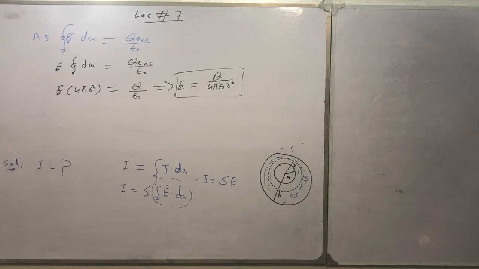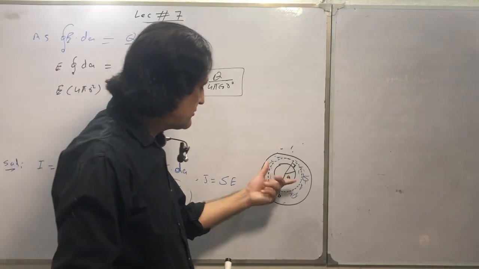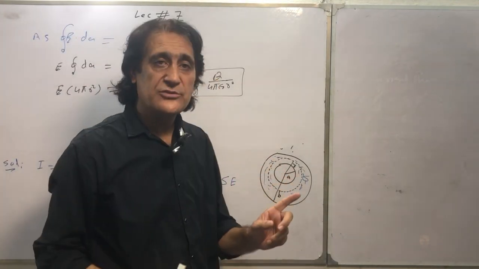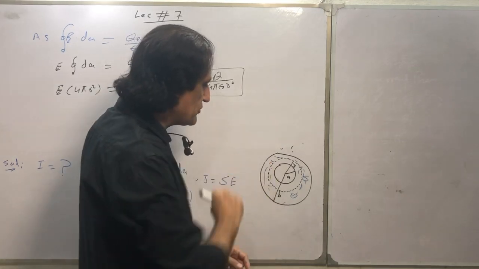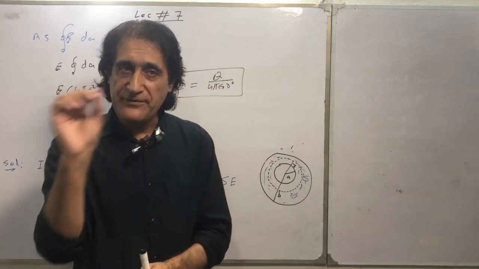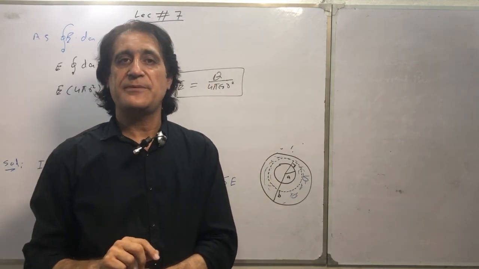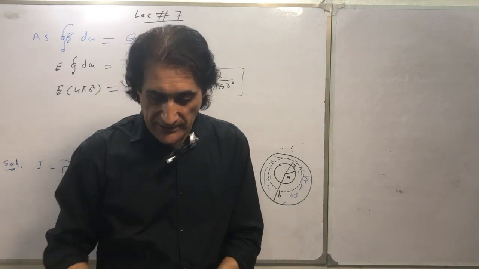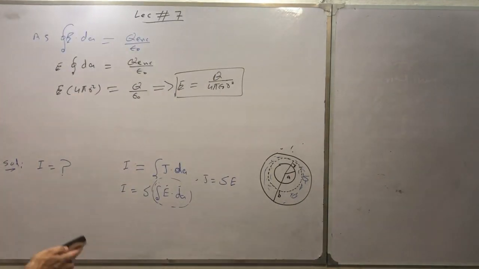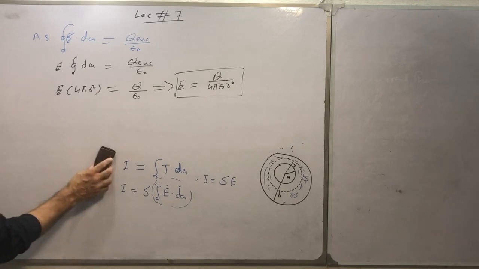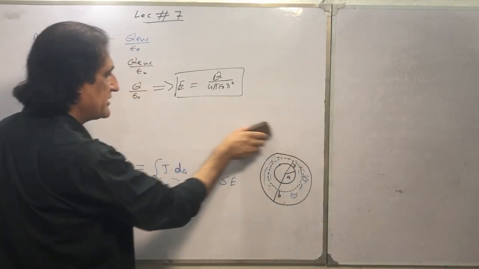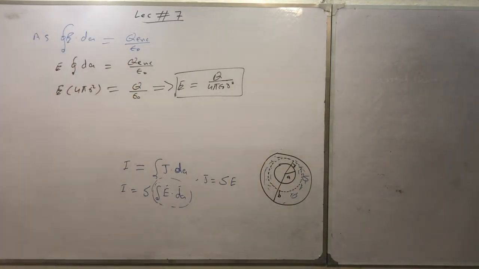We also have to find the potential difference between these two spherical shells. How can we relate the potential difference with the electric field?